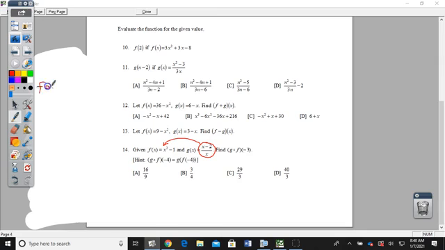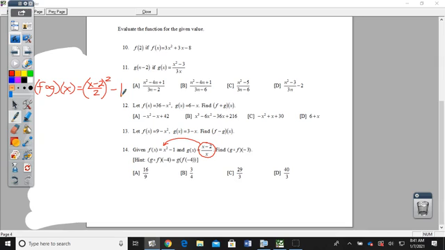So f of g of x would end up being x minus 2 over x squared minus 1. That's really ugly to you, to me, to everyone. So I would probably not do it that way. I can still do it that way, but it's going to be a little more complicated.